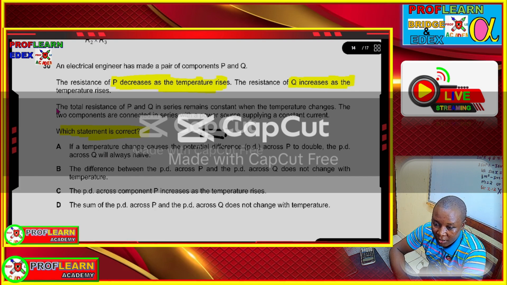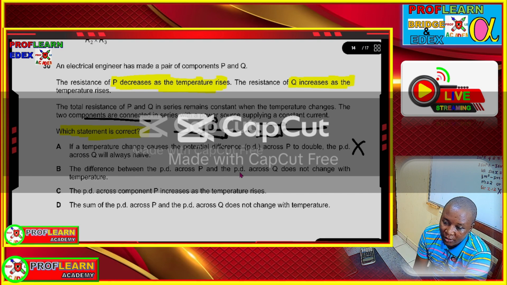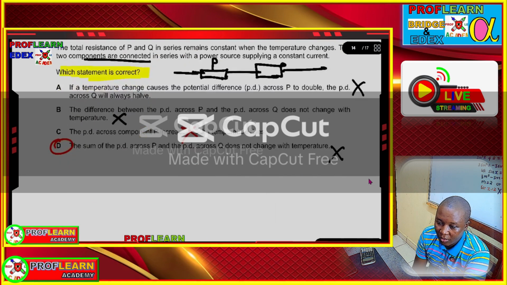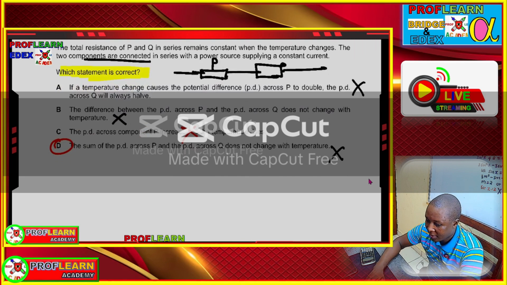If the temperature change causes the PD to double, then PD will halve. That's not true. And in that case the correct answer there is D.